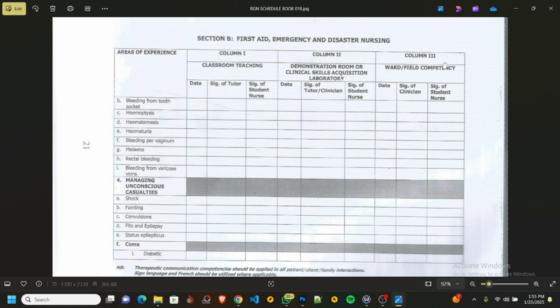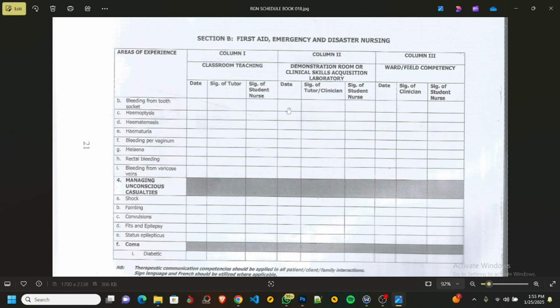This same thing also applies to that of column 3, which is the ward and field competency, just as I mentioned. So those ones that you have been able to tackle or undertake comfortably with your team as a student that you go to join the nursing team, if you are able to do those ones, let's say bleeding from the tooth socket, what were you taught in the skills lab to do? If it is from the tooth socket, maybe your tutor will tell you that you have to add some padding.